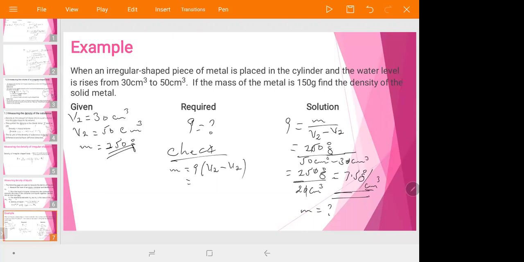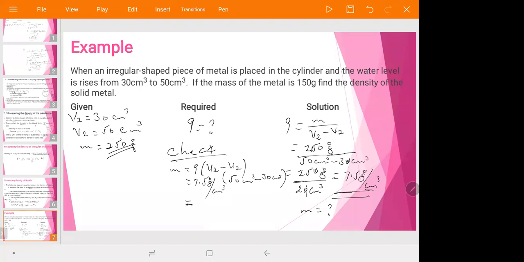What is your density? 7.5 gram per centimeter cube. What about your volume 2? 50 centimeter cube minus 30 centimeter cube. First, in the bracket, we will subtract.